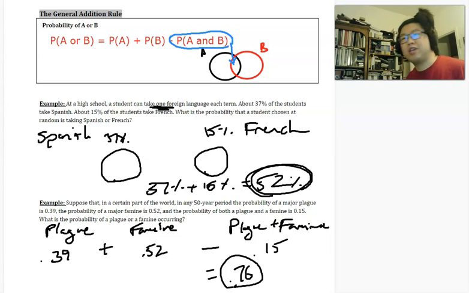In the end, you're basically looking at whether there is an overlap, and if there is, you just subtract it out when you add the things together. This is still very basic, so hopefully you won't have to think too hard other than labeling which piece corresponds to which event. It's very simple when you can read the question and identify what's event A, what's event B, and so on.